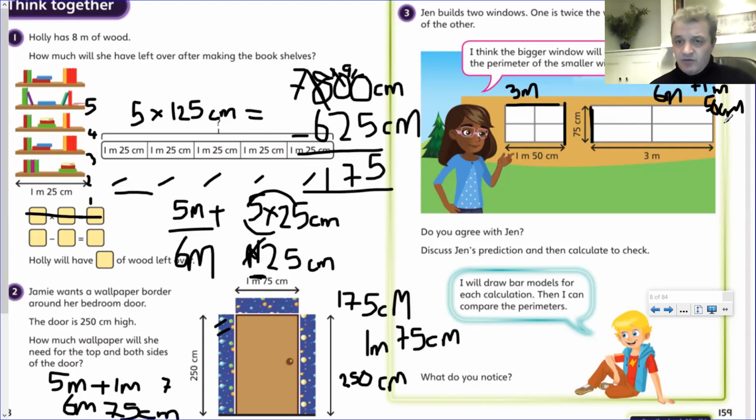And this one's double the width of this window. So therefore, this would be 3 meters, add 1 meter 50, so that would be 4 meters 50 centimeters. And this would be the 6 meters, add the 1 meter 50. So that would be 7 meters 50.